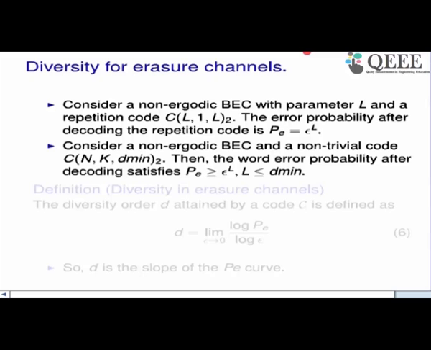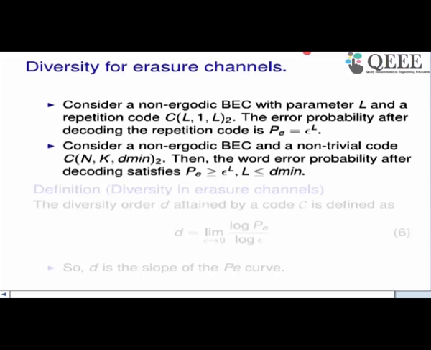Remember the example I gave you, N was 1000, L was equal to 3, and in codes being used today, the Hamming distance is definitely going to be greater than 3. Recollect that the Hamming code has a d min of 3.